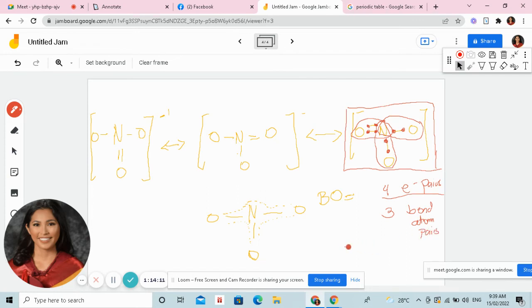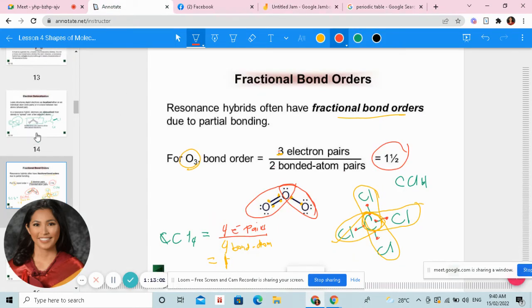So the bond order is equal to 4 divided by 3, that is 1 and 1/3. So the bond order for this is 1 and 1/3. As you can see, it is a fraction because that is for resonance hybrids. Always a fraction.